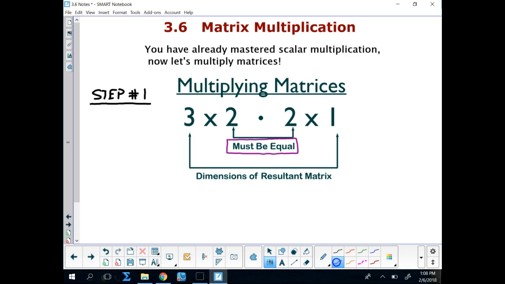The nice thing is that the other two numbers, so I take away those two numbers, are the resultant matrix dimensions. So if I were to multiply a 3 by 2 matrix and a 2 by 1 matrix, in the end, I would get a 3 by 1 matrix answer.